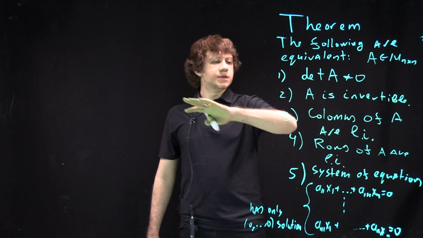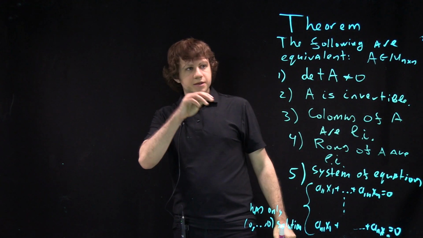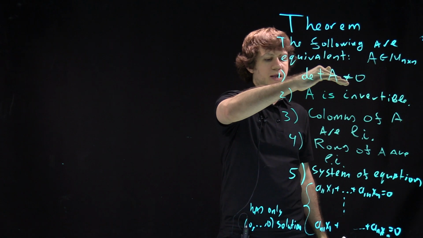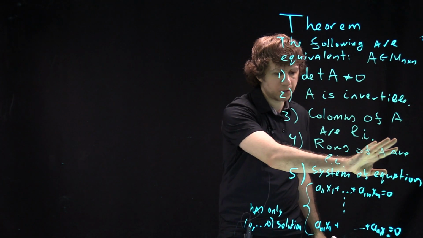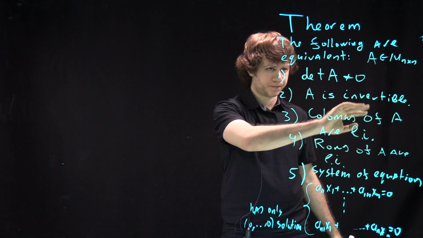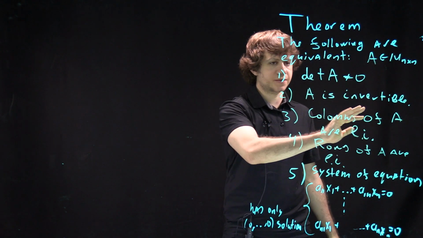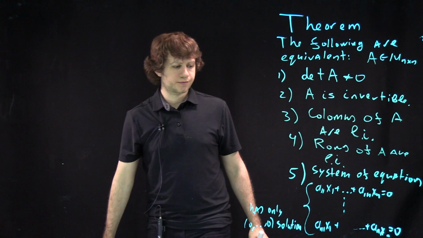Okay, so these are all the same things. And again, the idea is the determinant helps you to check all of that, whether a system of equations has a solution, whether vectors are linearly independent, whether a matrix is invertible.